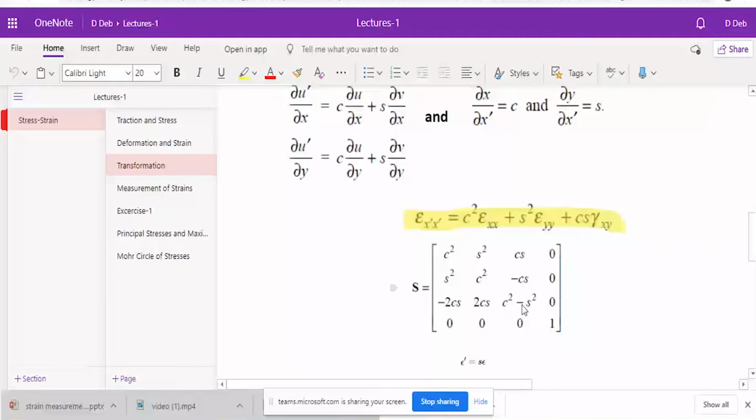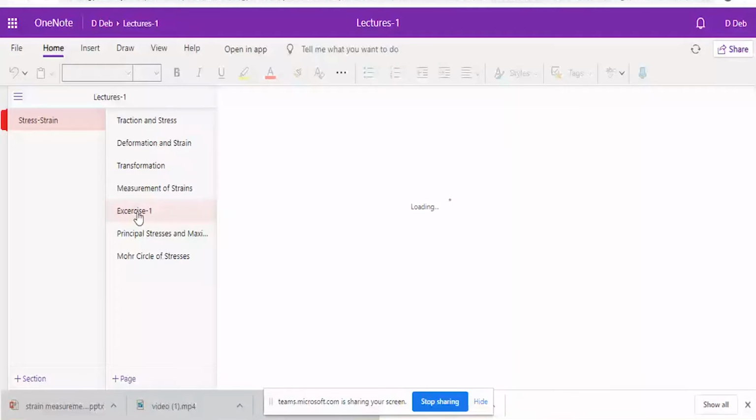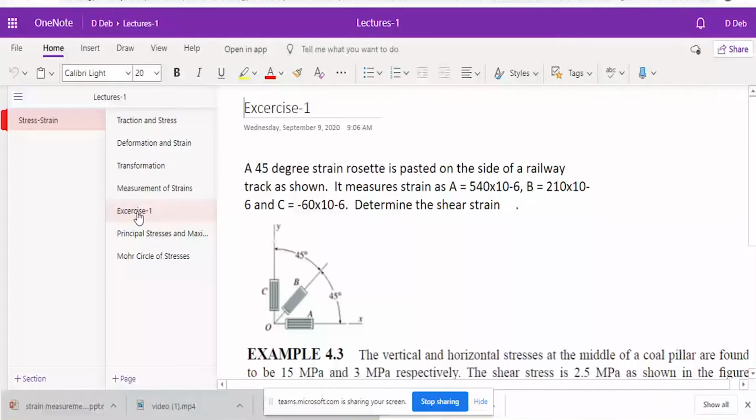Now, what is the usefulness of this? For that, let me show you an exercise problem which you will do. You are able to see this? Exercise 1 is written on the top.